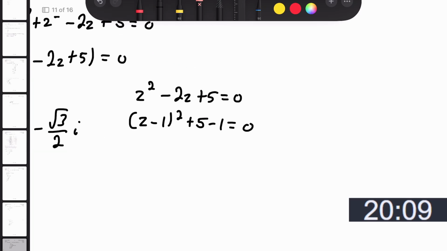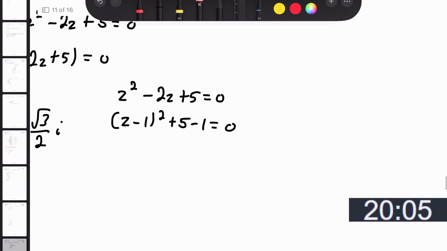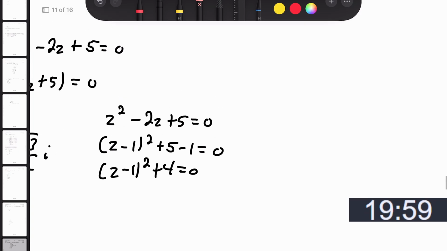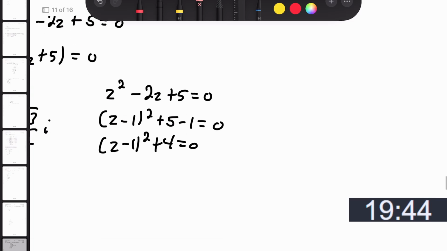Okay, we're back. Where was I? I think I was solving this. So completing the square, we get that (z minus 1) squared plus 4 is going to equal 0. I did this minus 1 because to factorize this would be z squared minus 2z plus 1, (z minus 1) squared. And since I plus 1, I'm minus 1. I could have taken the 1 from the 5, but I just do it this way to make sure I know where all my steps are going.